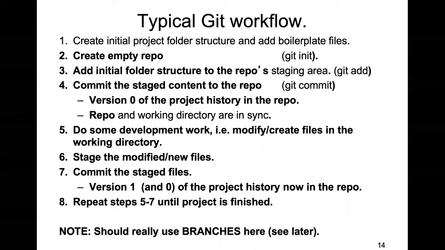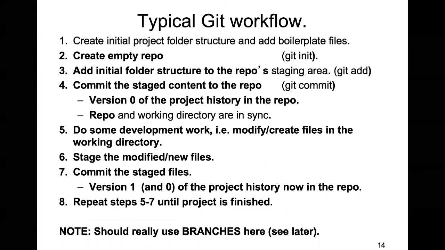Number 5 then is you start doing some development. And after a certain period of development, you decide, I'm actually going to commit all of the changes that I've made to date to the repository. So you essentially repeat these two commands. So the Git repository now has 2 versions of your project, the initial one and the updated one.